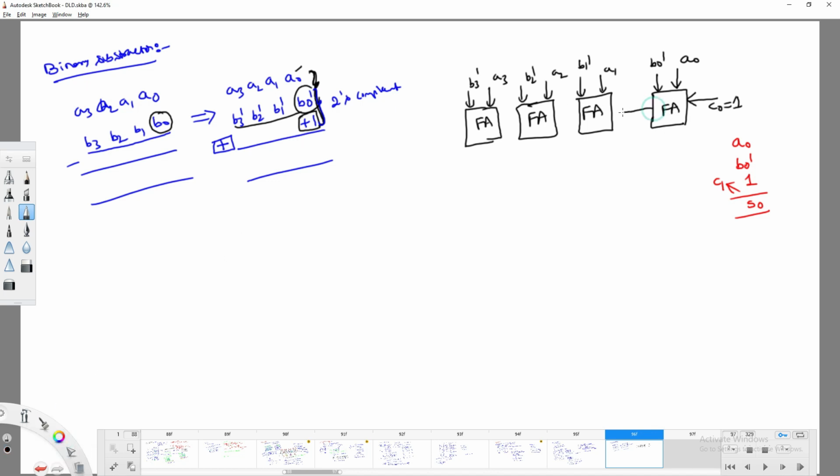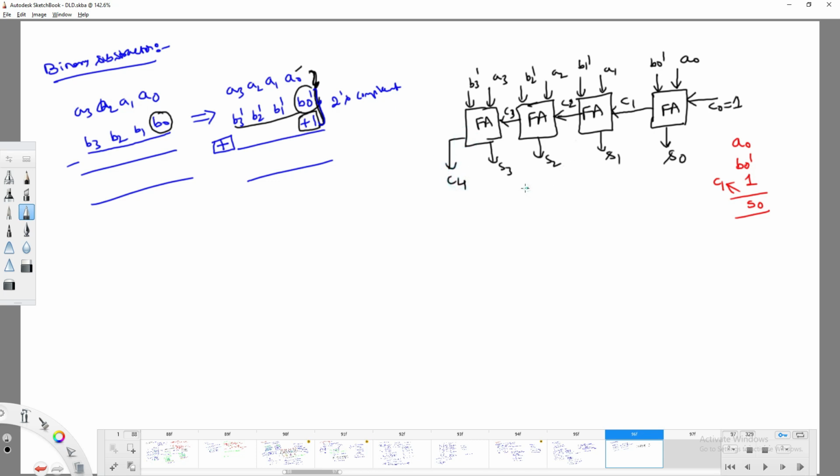It is easy. Let me take this carry as C1, this as the subtraction S0, then S1, S2, S3, and this will be C2, C3, and you are going to get the carry C4.